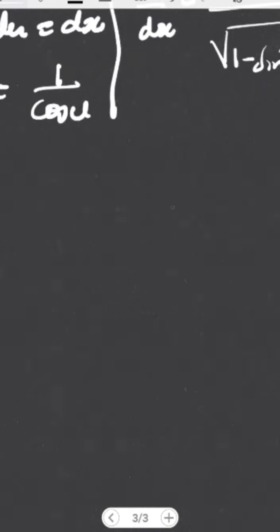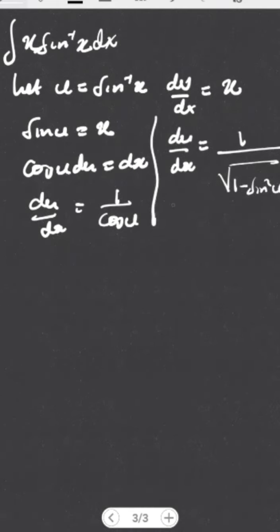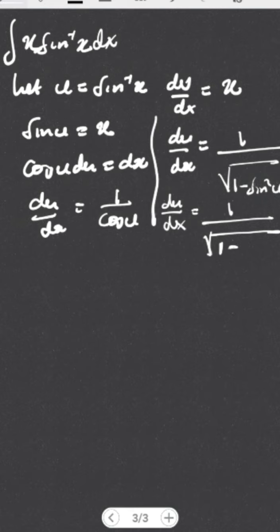After getting that, du dx will be equal to 1 out of the root of 1 minus sine squared, and we had sine of u, which I can represent by x, so this would be 1 minus x squared.